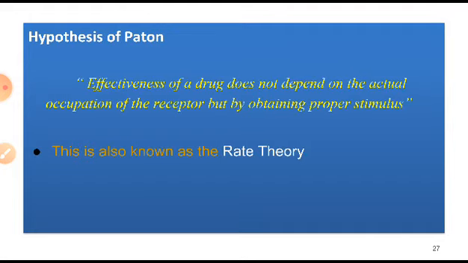Now, Paton has given another hypothesis. What it says is, the effectiveness of a drug does not depend on the actual occupation of the receptor, but on obtaining the proper stimulus. Here Paton is differentiating a little from the other two. He said that effectiveness is not depending on the occupation or binding of the receptor, while it depends on obtaining the proper stimulus, right?